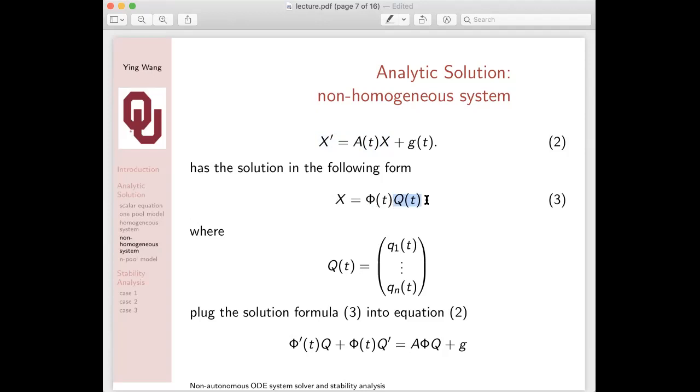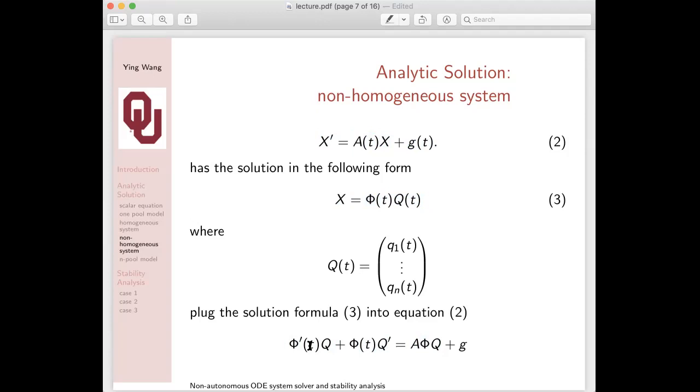In order to find out the Q, we will plug the solution into the equation. Because it's a solution, it should satisfy this equation. On the left-hand side, x prime, by the product rule, this will generate these two terms. And A is A here, and X is phi times Q, okay? G is G here.